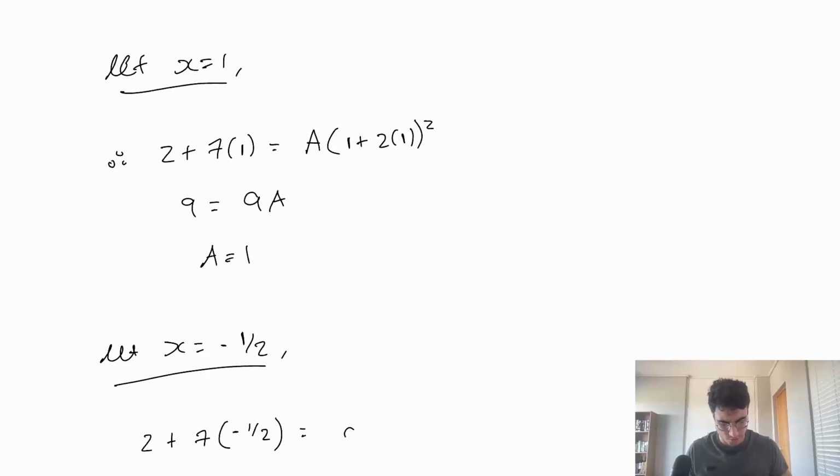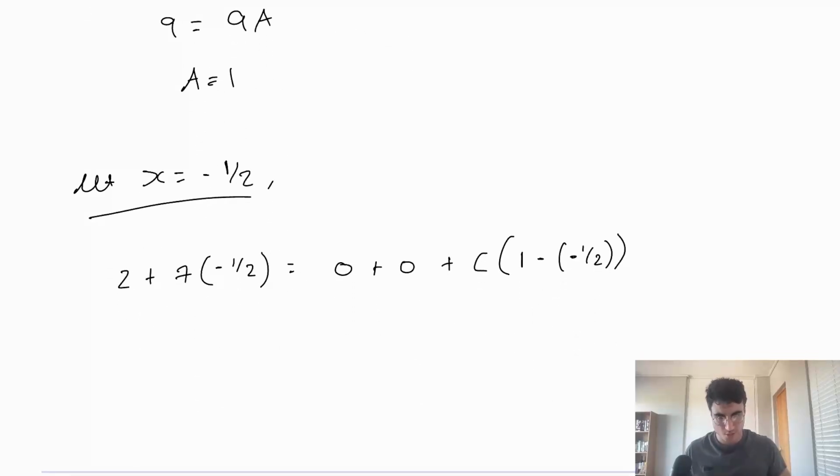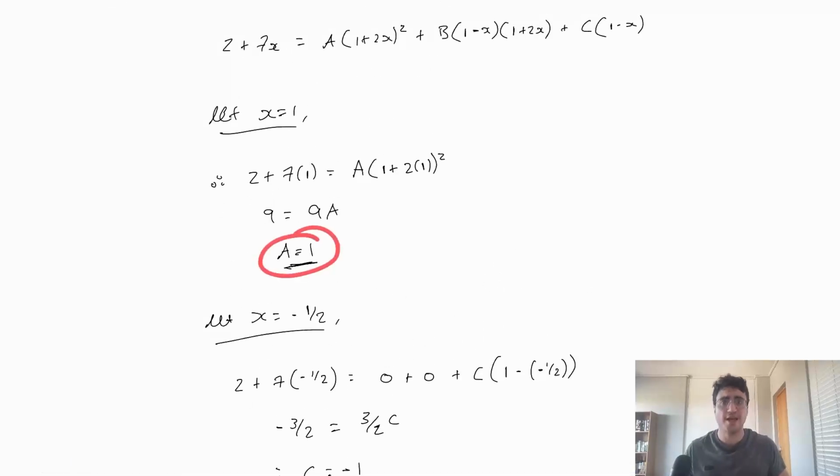Okay, that's obviously going to equal 0 plus 0 plus C, okay, and that's going to be times 1 minus negative a half, which means what? Well, that means that negative 3 over 2, okay, that's going to equal 3 over 2 times C, which means that C therefore is going to equal -1. Okay, so what we have here, guys, is A equals 1, C equals -1.